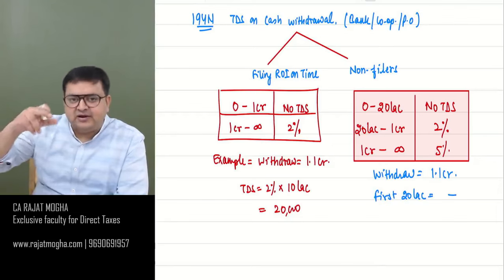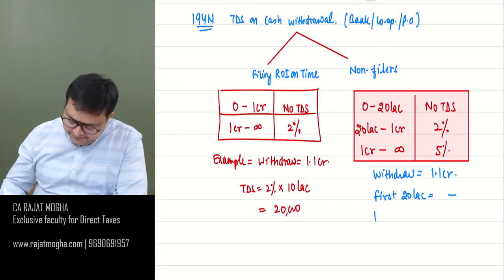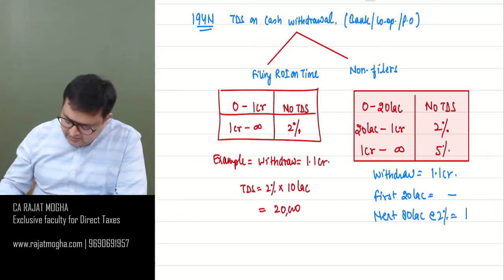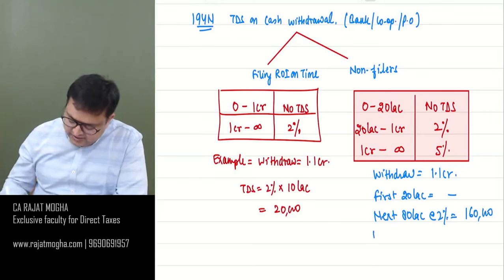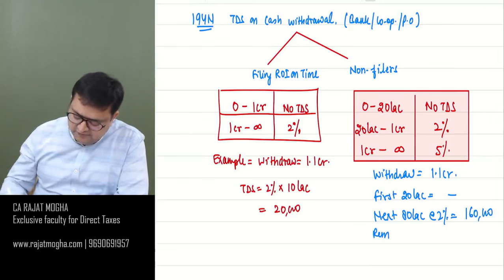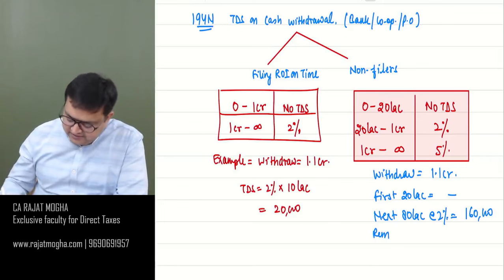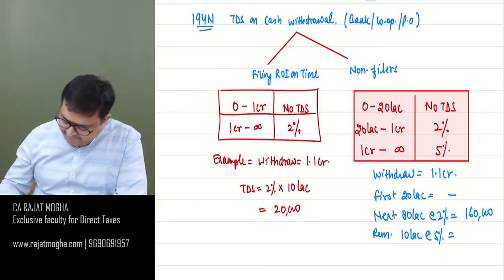The next 80 lakh, from 20 lakh to 1 crore, at a rate of 2%, which is 1,60,000. And the remaining 10 lakh, above 1 crore, at a rate of 5%, which is 50,000. So total TDS is 2,10,000.